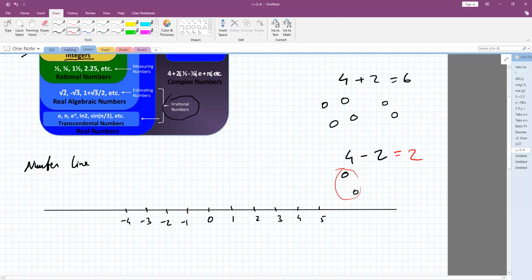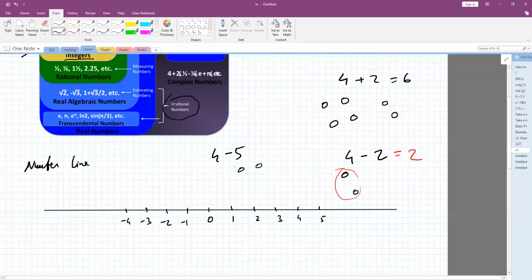But the problem comes if you try to subtract, for example, 4 minus 5. This is actually a bit confusing. Of course, you know the answer now: it's -1.